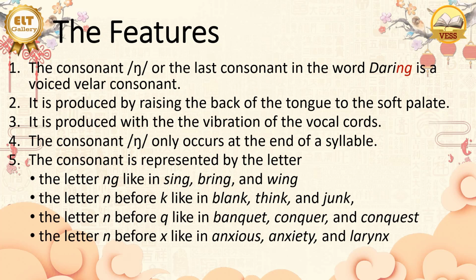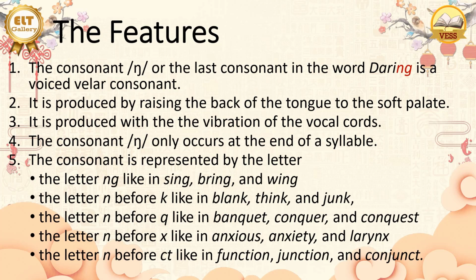And then we have the letter N before X, like in anxious, anxiety, blaring. Then we have N before C and T, especially like in function, junction, conjunct. So we have 5 types of combination of letters to represent the sound.